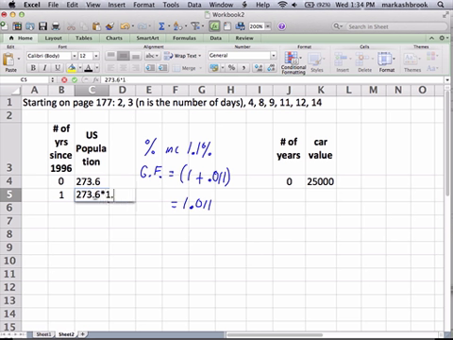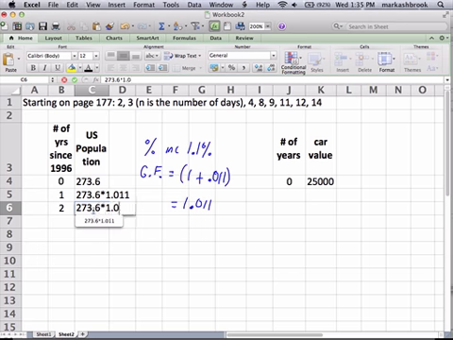That's it. So I can just take the population from before and multiply it by 1.011. How can I get the next year? Okay, and where does that come from?